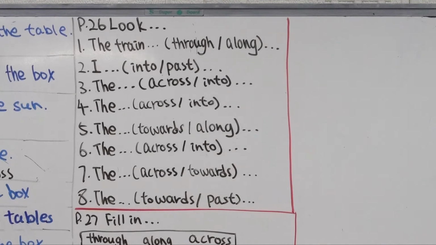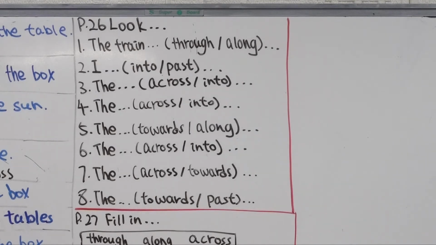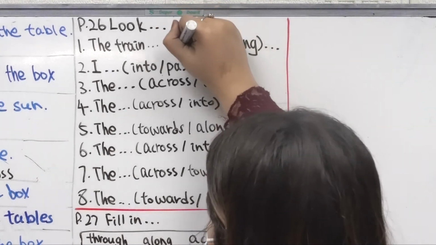Number 1. The train went through or along the dark tunnel at a slow speed. What do you think? That is through. Yes, through. Not along.